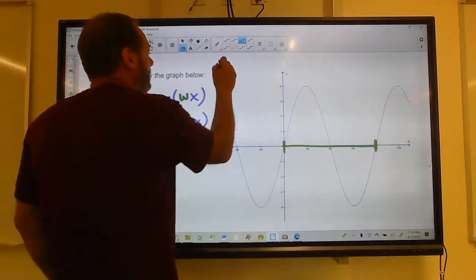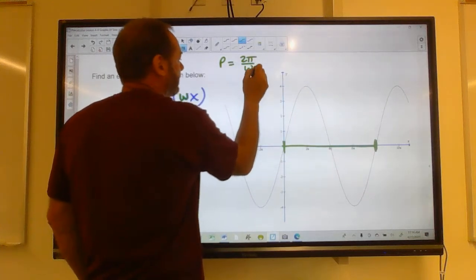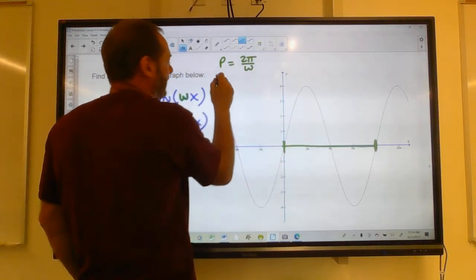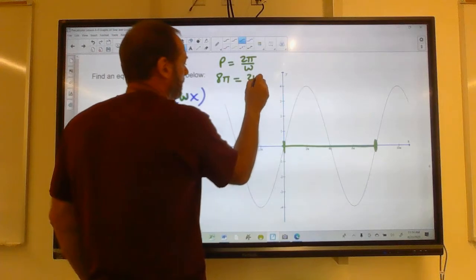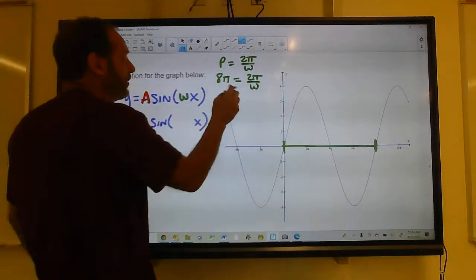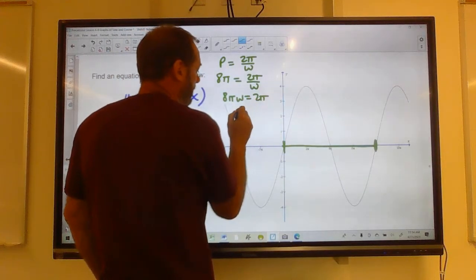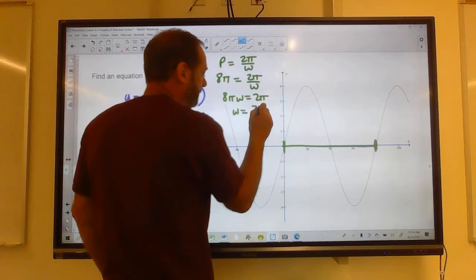So the period, remember, is 2 pi divided by w, and we said that the period was 8 pi. So we just got to figure out what w is. We're going to multiply both sides by w, and then we're going to divide by 8 pi.